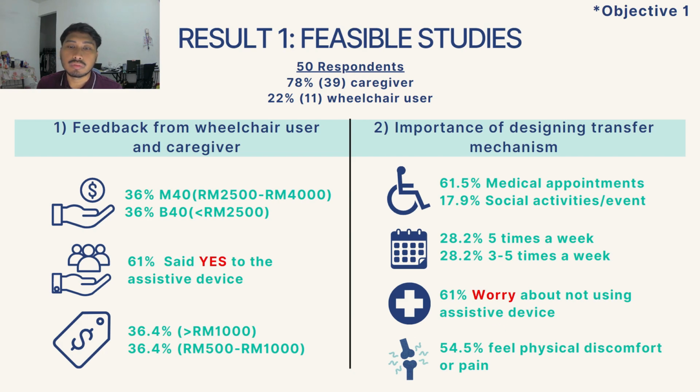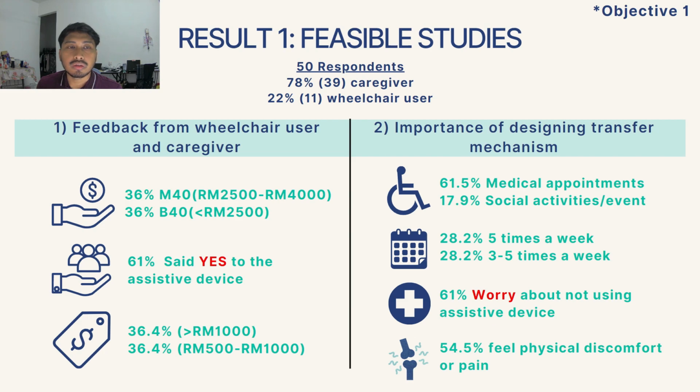And then the third question asked was whether they worry about not using an assistive device. This question is related to the next one, which is the main reason for their worry. The majority said they are worried about not using an assistive device, and the main reason is that 54.5% would feel physical discomfort or pain, for both caregivers and wheelchair users.